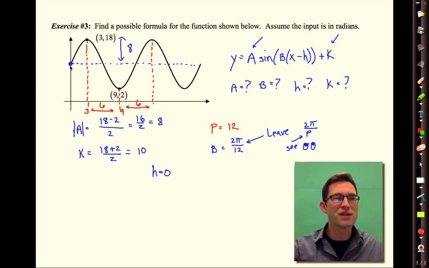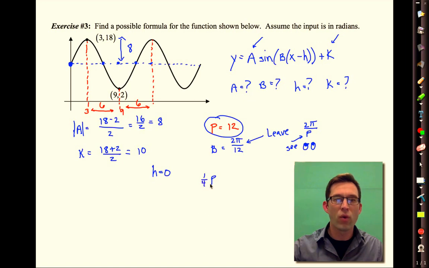Well, remember, sine starts at its midline. Now, I've drawn this thing like it starts at the midline, but here's how I would know for certain that it starts at the midline. Take a look at that period. It's really important to always keep in your mind what 1/4 of the period is, what the period divided by 4 is, because trig graphs come in quarters.